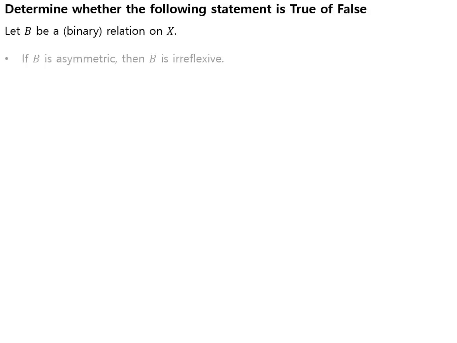Okay, so now let us consider the statement. Suppose that the binary relation B is asymmetric. Does this imply that the relation is irreflexive? Okay, so we can also use the definition, and from the definition we'll try to see whether the statement is true, right?